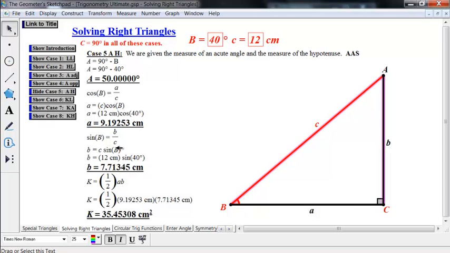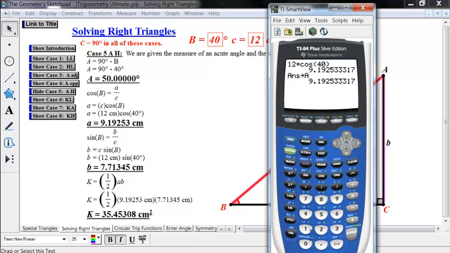If we solve for B, we get B as C times the sine of angle B. So to find the side B, we take our 12 hypotenuse times the sine of the angle, 40 degrees, and that will give us the other side, B. Let's store that as B. I'll need this in a little bit for the area. I'll need A and B, so if I have them stored, that makes it easier to not have to type all those values in again.